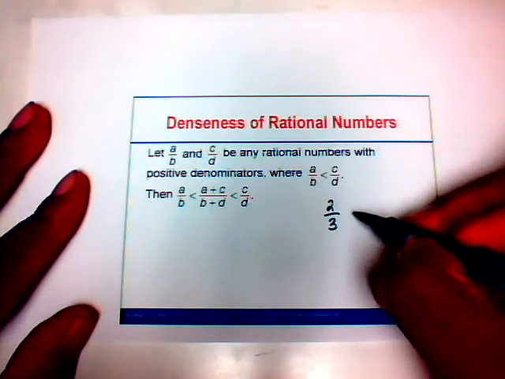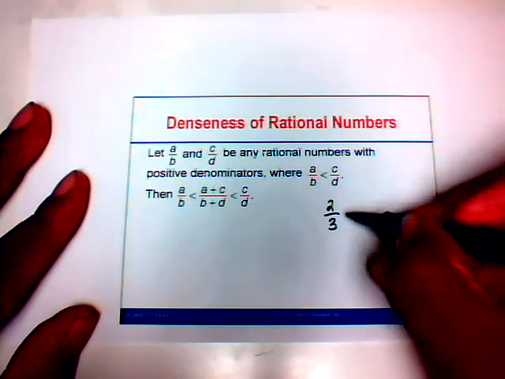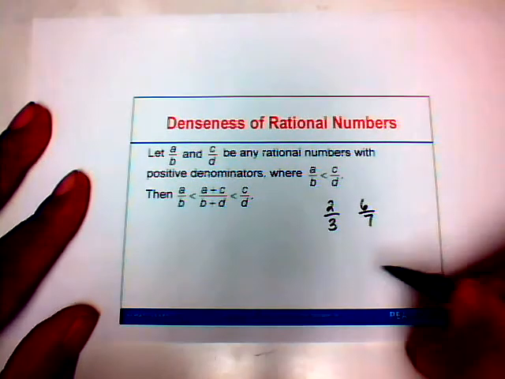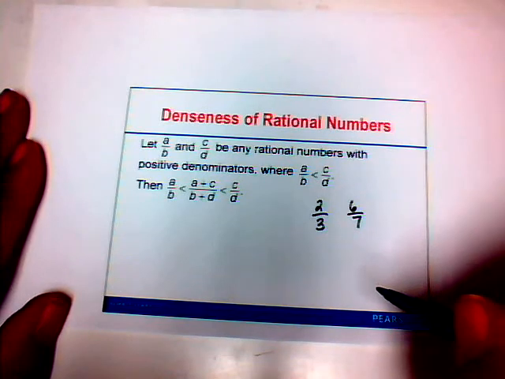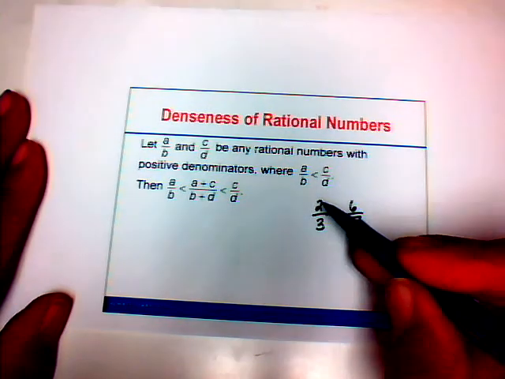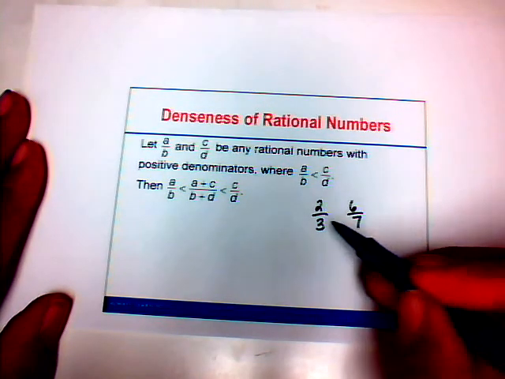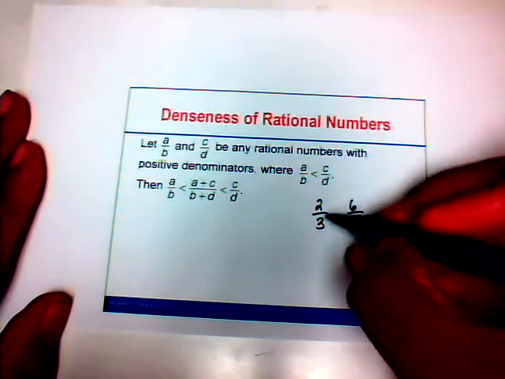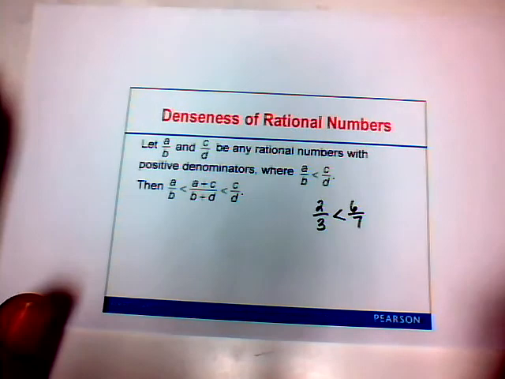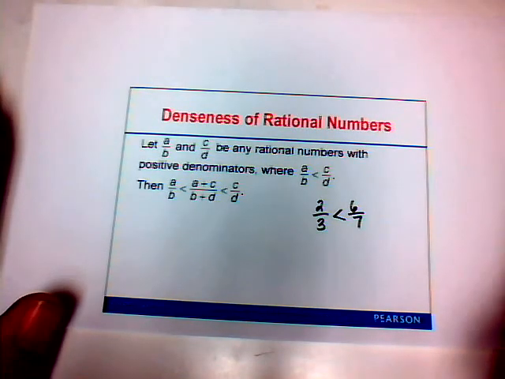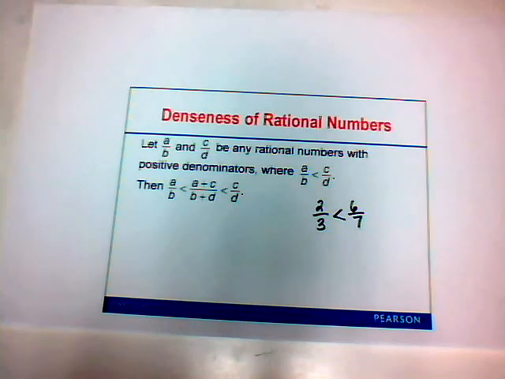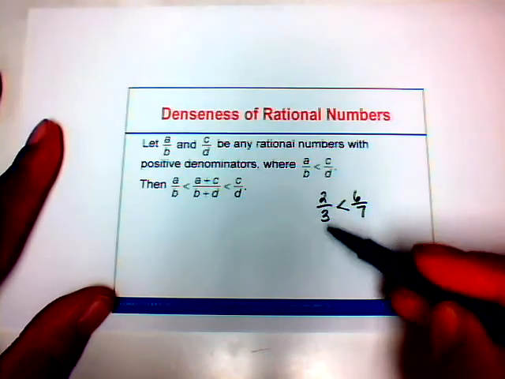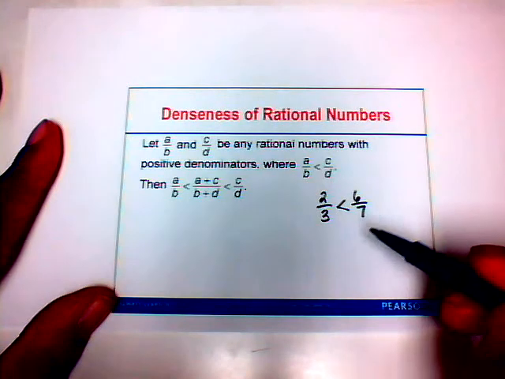2/3 and 6/7. Now, if I do the cross products approach here, this will be 14 for 2 times 7, and this will be 18 for 3 times 6. 14 is less than 18, so 2/3 is less than 6/7. Now I can come up with a fraction using this approach that's going to be between 2/3 and 6/7.